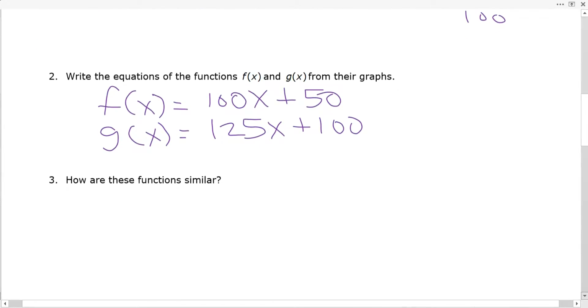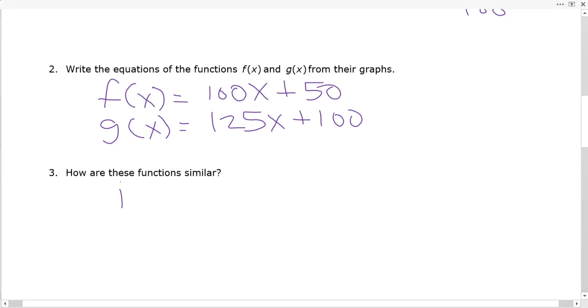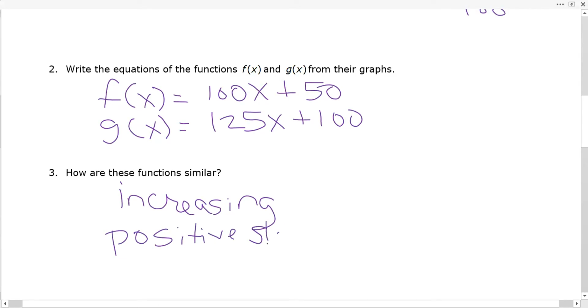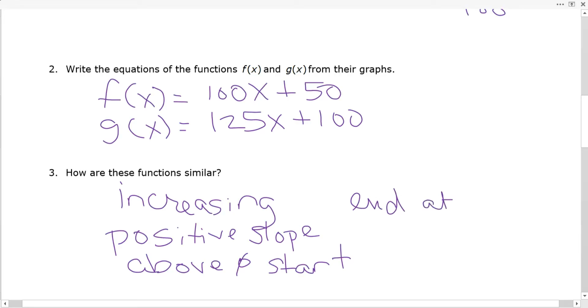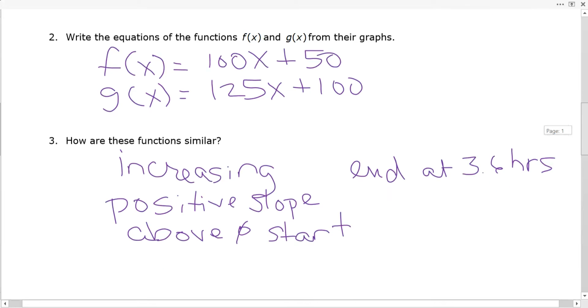Well, they're similar in that they're both increasing, positive slope, started above 0, and in the same place. I think it was 3.6 hours. Okay, so those are ways they're the same.